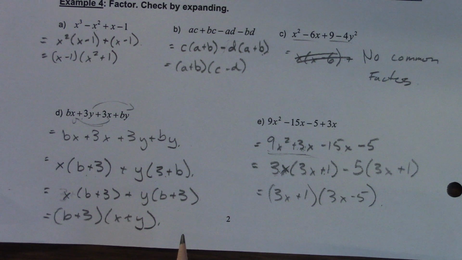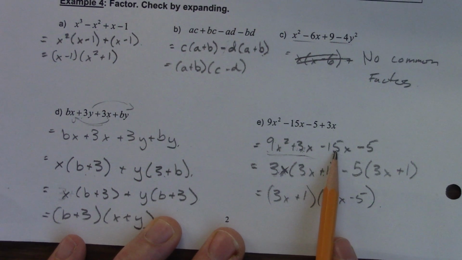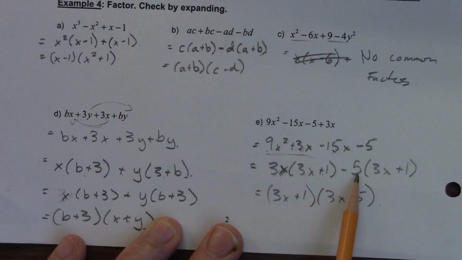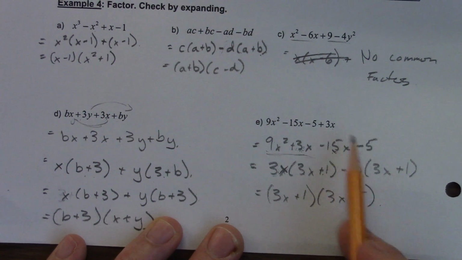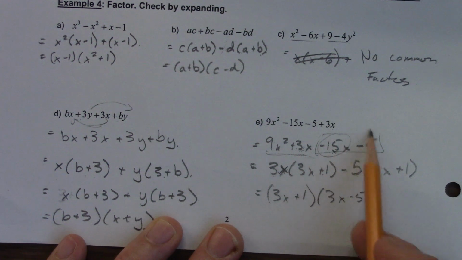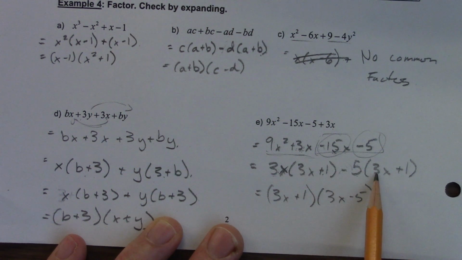Where did the negative 15 go? Where did this come from? Where did negative 5? No, yeah. Where did the negative 15x go? Negative 15x was divided by, so what's common between these two terms is negative 5. Goes into both. So negative 15x divided by negative 5 is 3x.